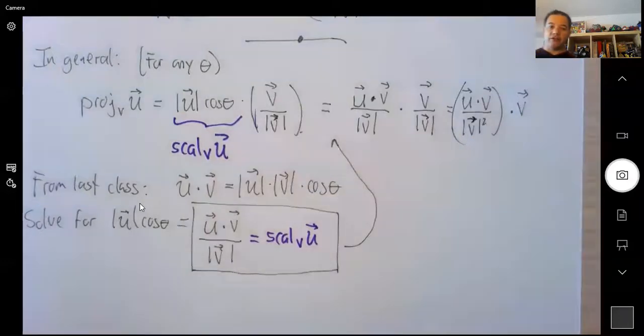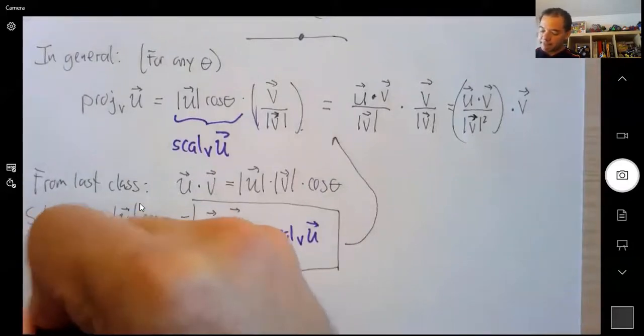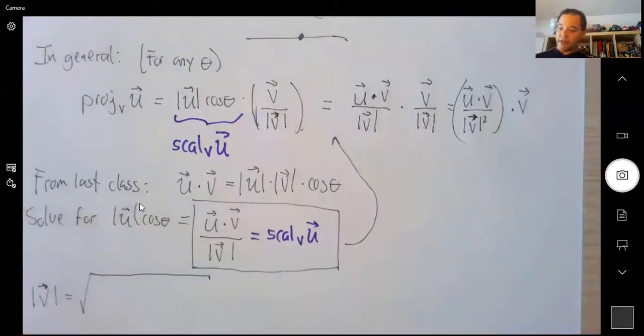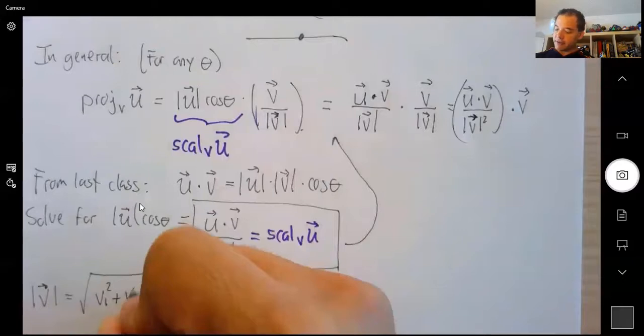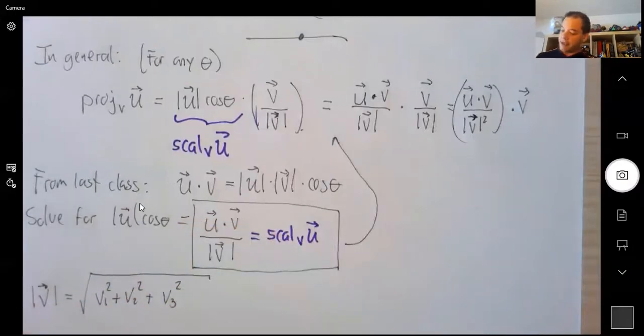And then in an even better way, what is the magnitude of V squared? Let's try to remember that. So what is the magnitude of V? Well, the magnitude of V is a square root, right? The first component squared, the second component squared, and the third component squared, right?